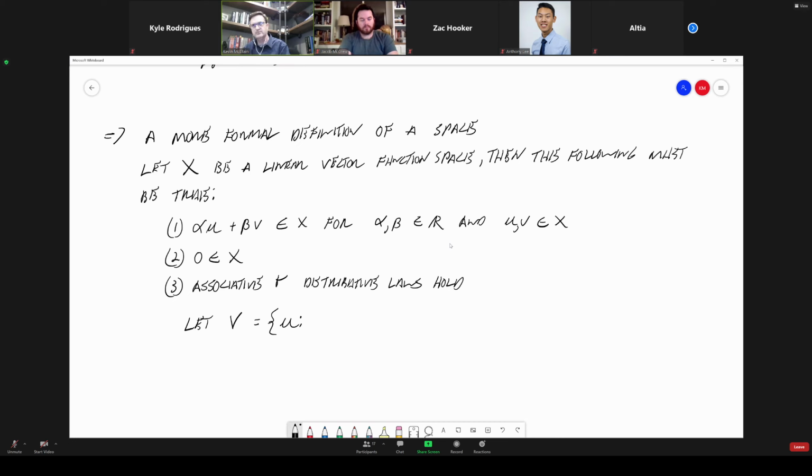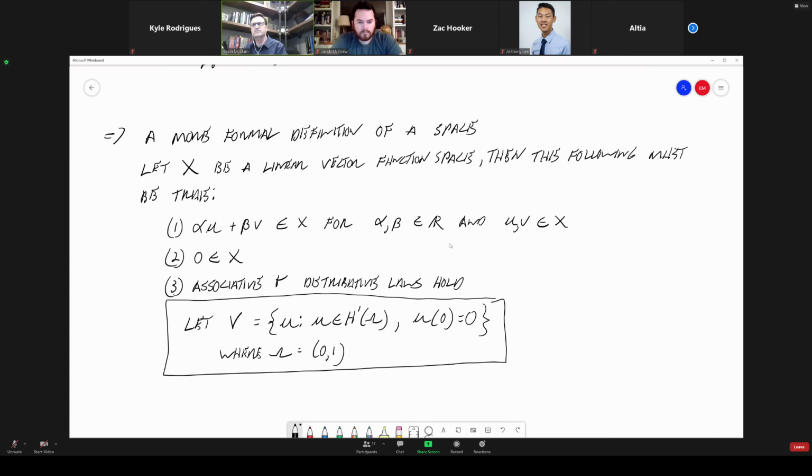And remember this omega, this is just the interior, right? So this is the formal notation of a linear vector function space.